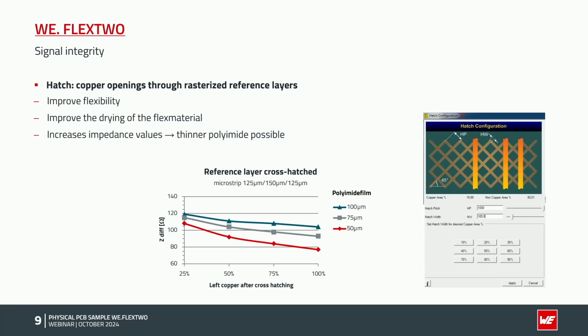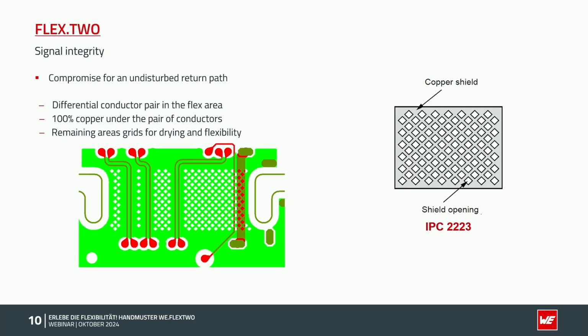But we can deal with it, looking at impedance values, as well as we can do this with the hatching, and the copper left on the flex part after this hatching. So a big influence on impedance, what we can do.